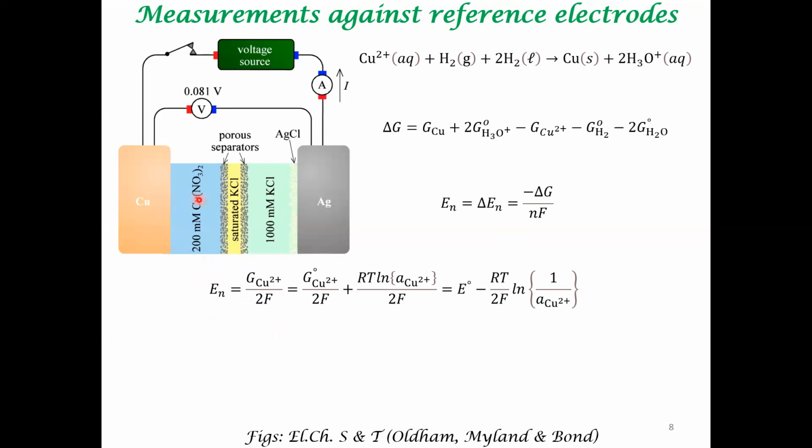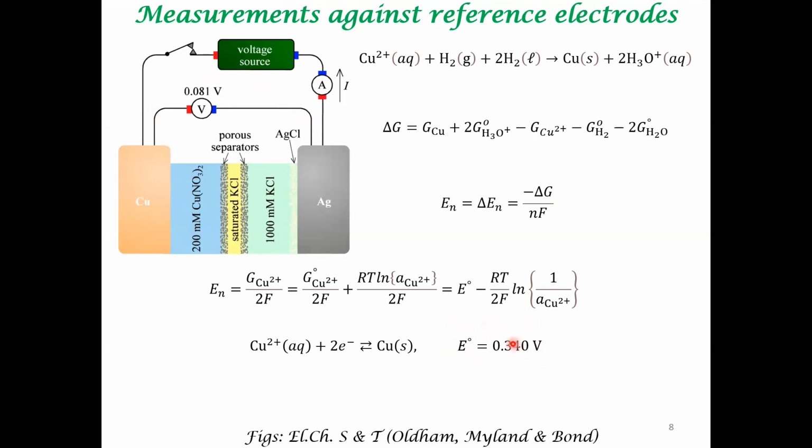And when you make such a measurement against your reference electrode, you will still get a value. Okay, that value is an experimentally obtained quantity. It can be interpreted using chemical thermodynamics, but you have to make a measurement against a reference electrode. That is important to know. So when you have copper and Cu2+ at unit activity, when I make a measurement against a standard hydrogen electrode, I will get a quantity E0, which has this value.